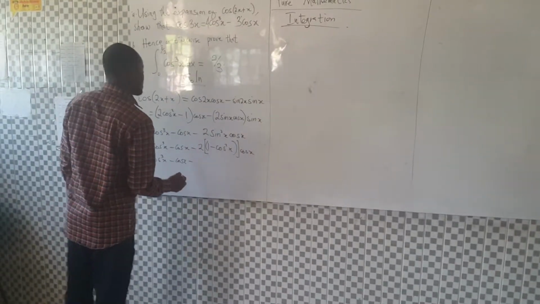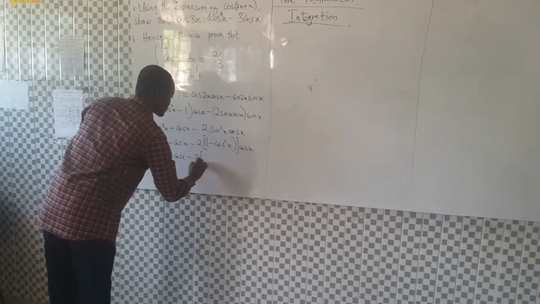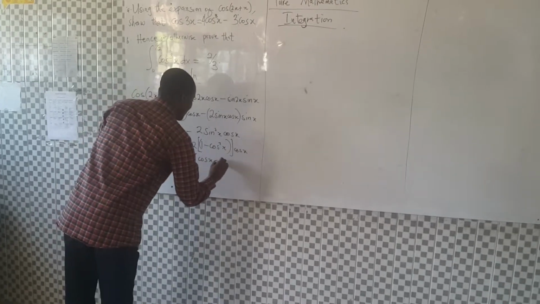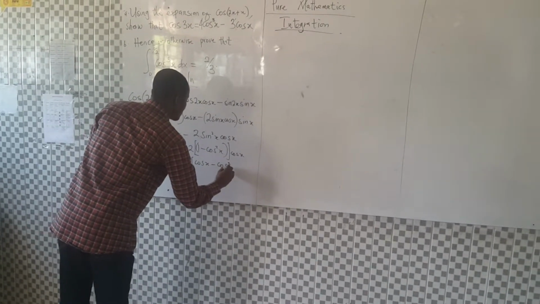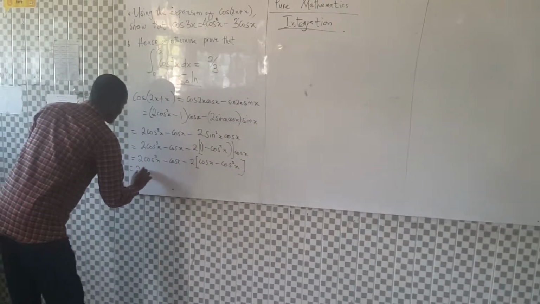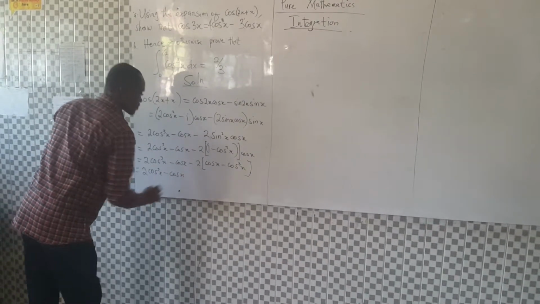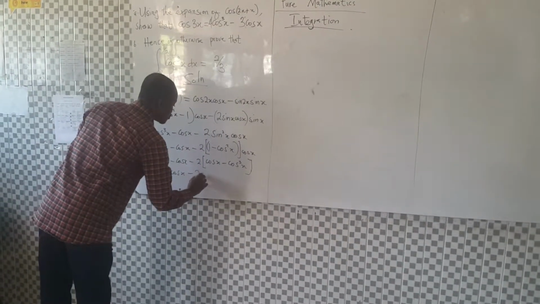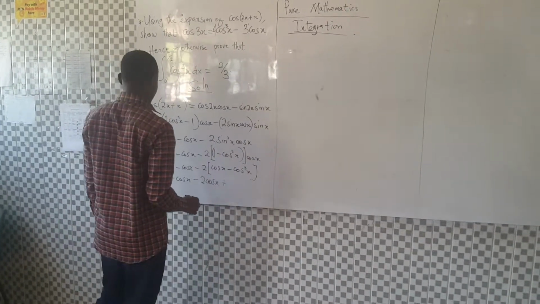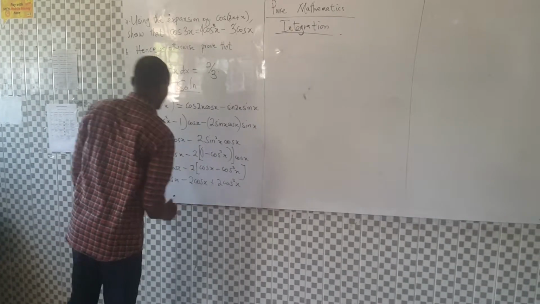So we're going to get something like cos x minus cos³x. And you do further expansion, and you get minus 2cos x plus 2cos³x.